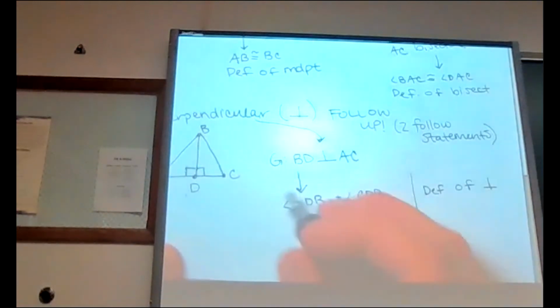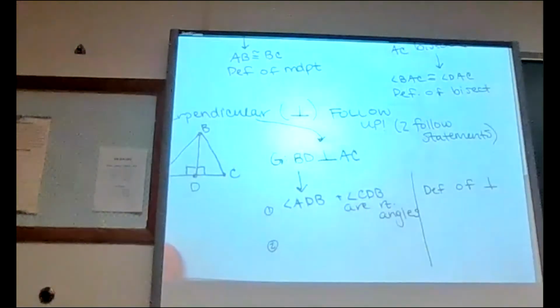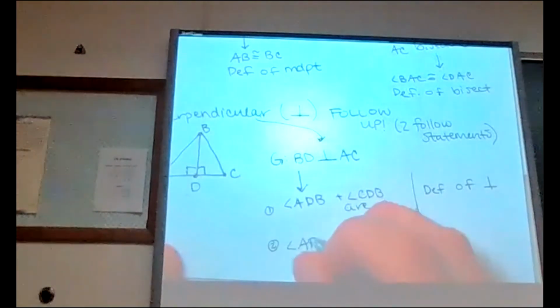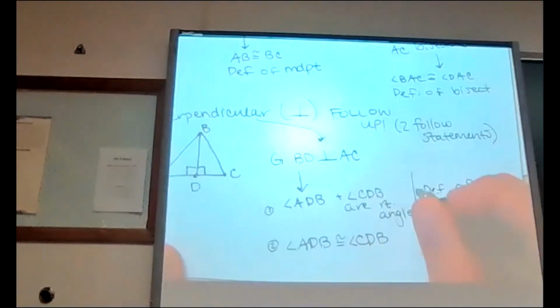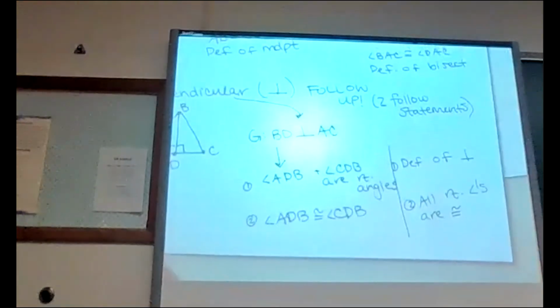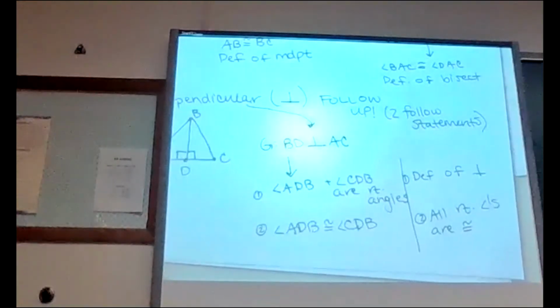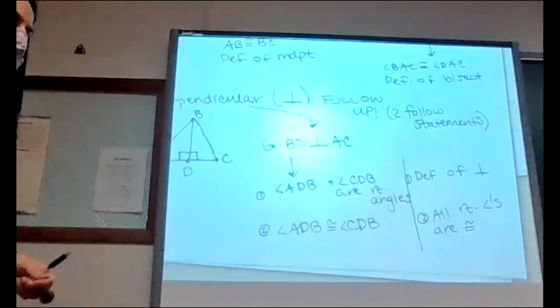Okay, that's the first thing I would say. Second thing I would say is that they are congruent because they're both right angles. So all right angles are congruent to each other. Okay, so there are two statements that I say to follow up on something that I'm told is perpendicular.